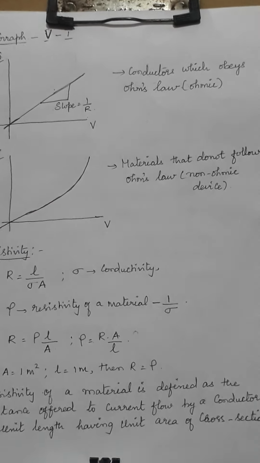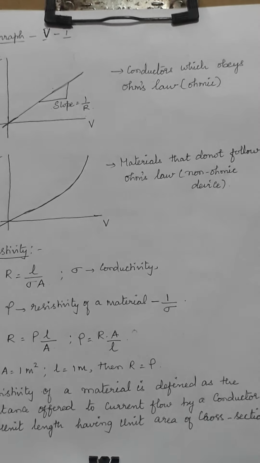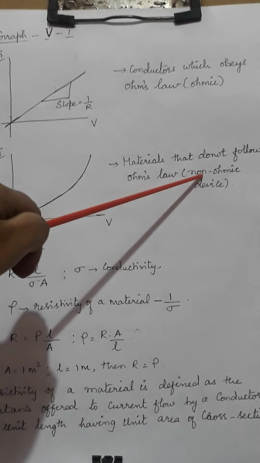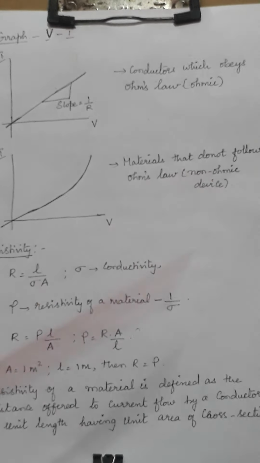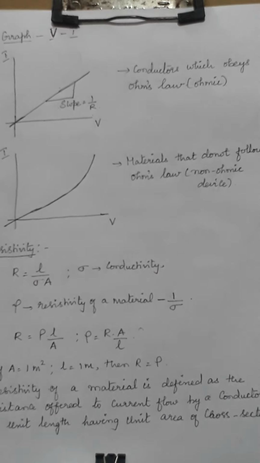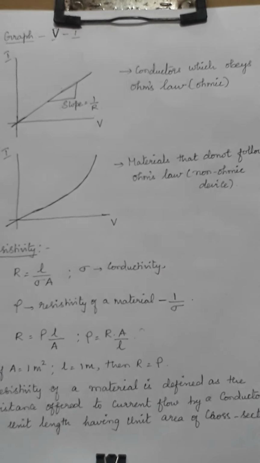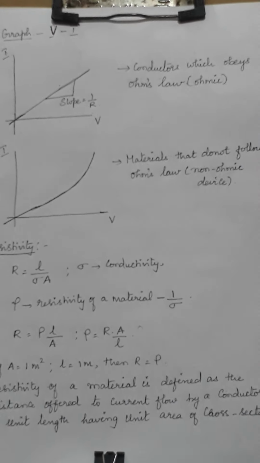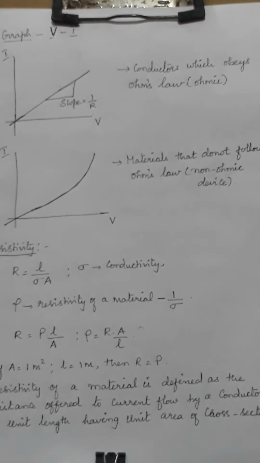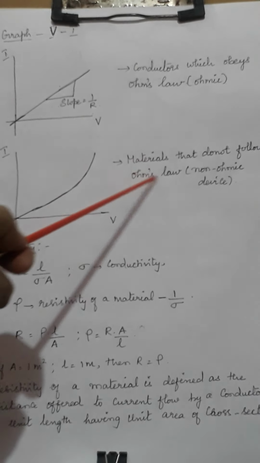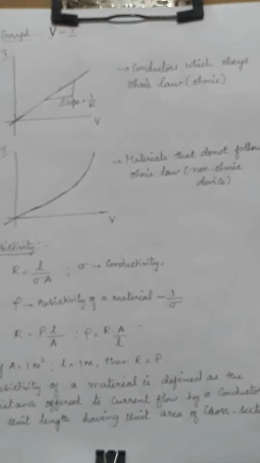Those devices in which such materials are used are called non-ohmic devices. In electronics we'll come across ohmic contact and non-ohmic contact. So those materials which do not obey Ohm's law are called non-ohmic devices.